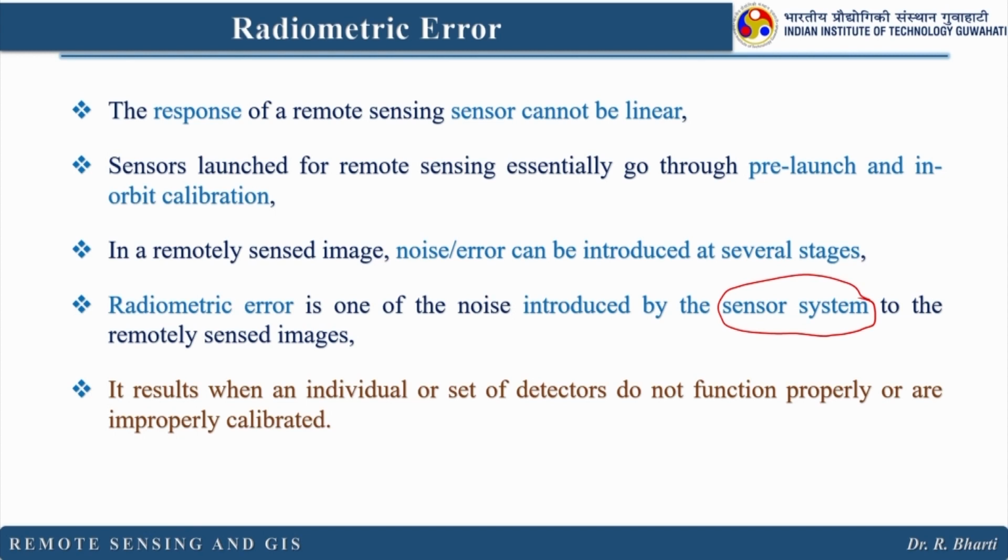Now, how can this sensor system introduce error? Sensors consist of detectors, and if you see a camera in a satellite, there may be thousands of detectors. Let us say 500 detectors are there in one sensor, and one out of 500 goes out of calibration or stops recording, then what will happen?